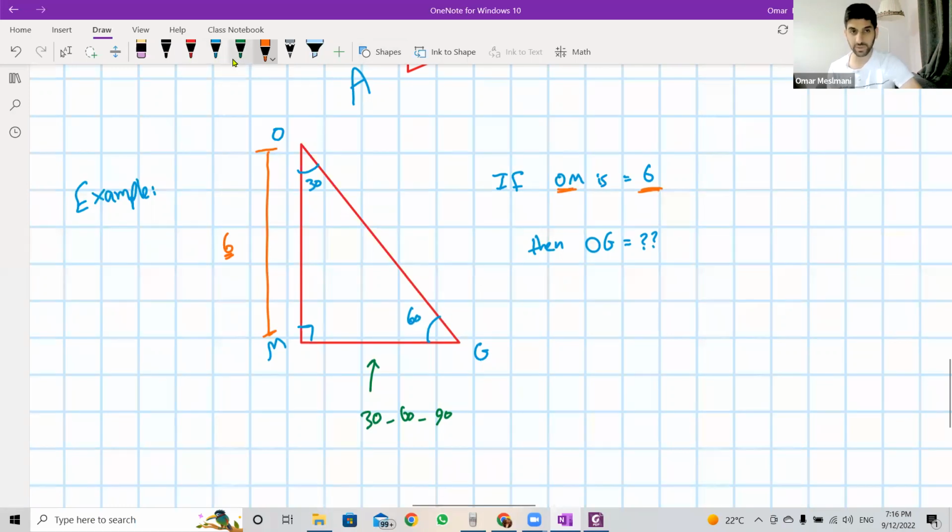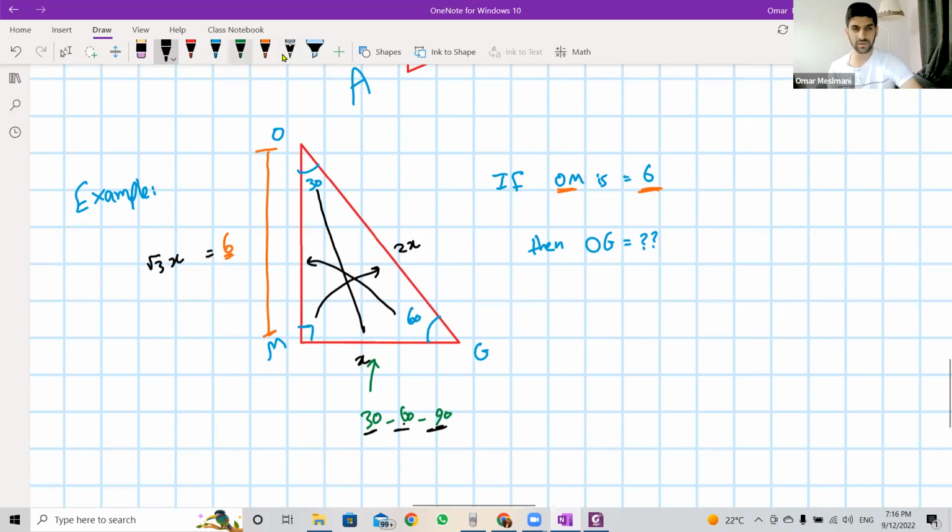Because this is a right angle triangle and because it is special, you say 30, 60, 90. I memorized the formula. The opposite side of the 30 is x. The opposite side of the 60 is going to be root 3 x. And the opposite side of the 90 is going to be 2x.